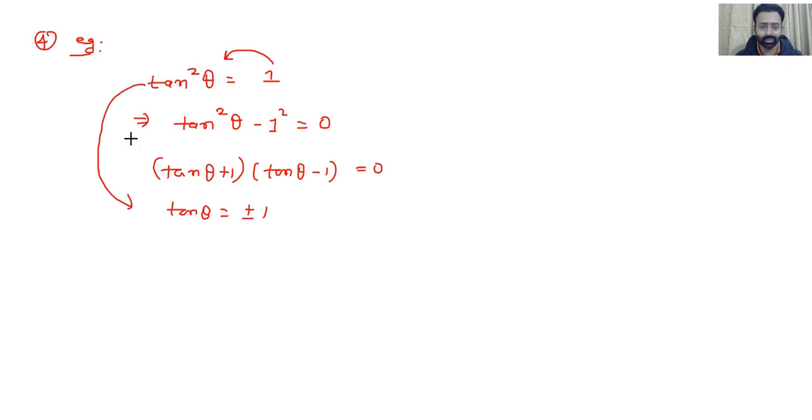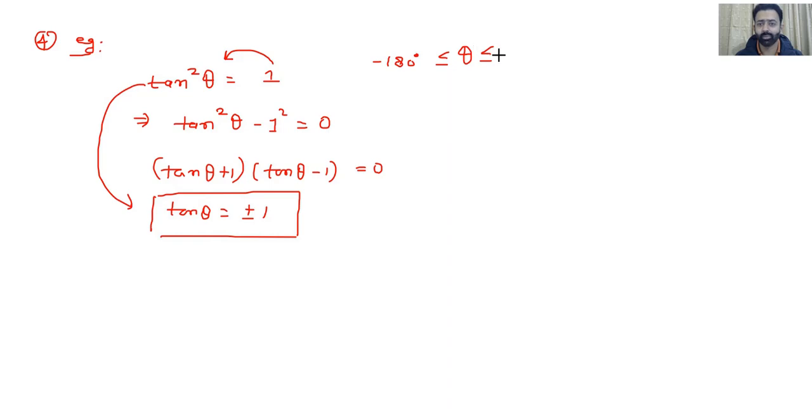That is how you obtain plus minus 1. But what is the reason? The reason is that you have to apply the a square minus b square formula. Do not write tan theta directly as plus 1. So this is plus minus 1. Now you have the equation tan theta equal to plus minus 1, and theta is given again as minus 180.